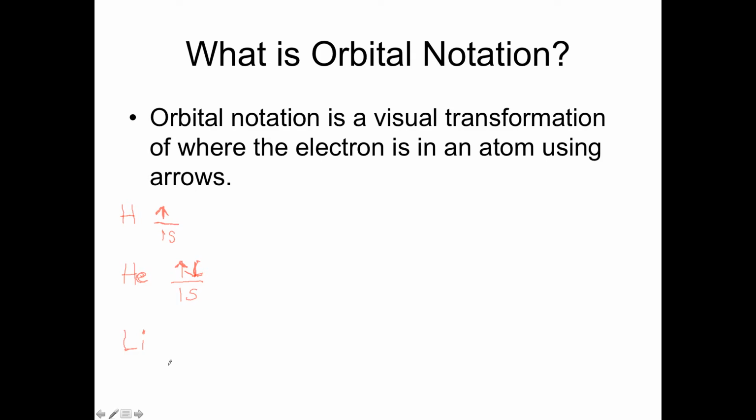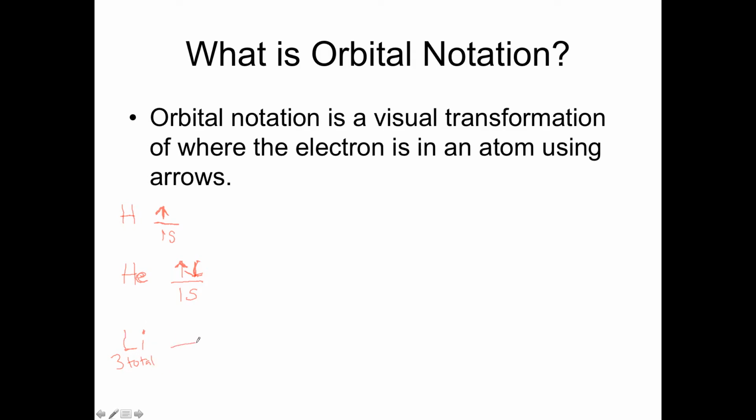I have to start in the top left corner. Now lithium has 3 total electrons. That is because it's number 3 on the periodic table. Well, how do I figure out where lithium's 3 total electrons are?